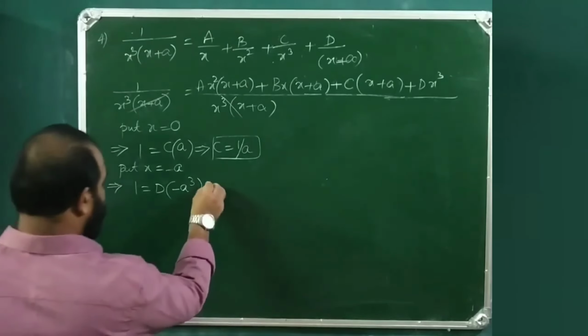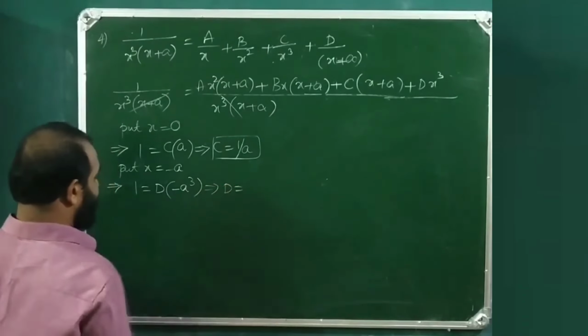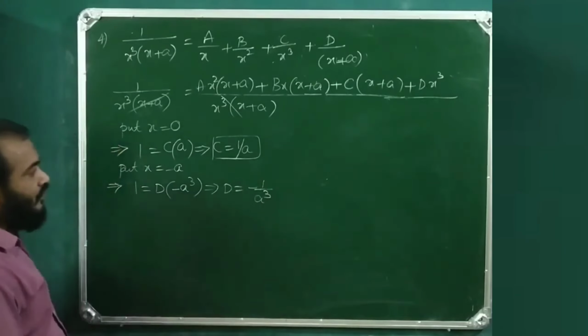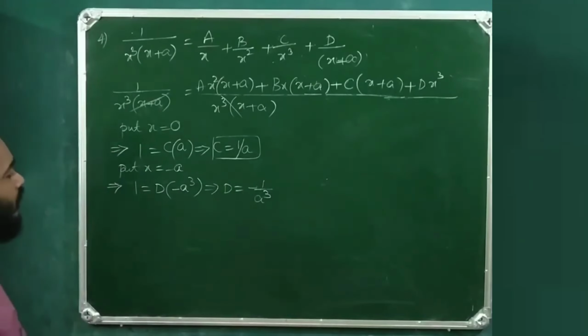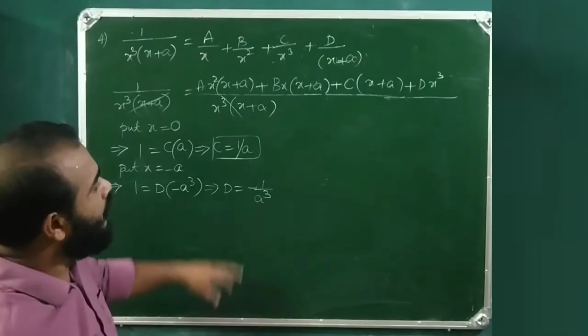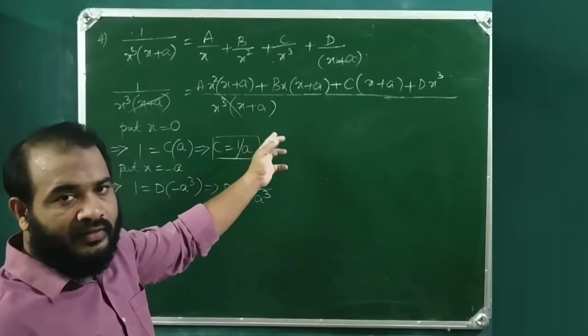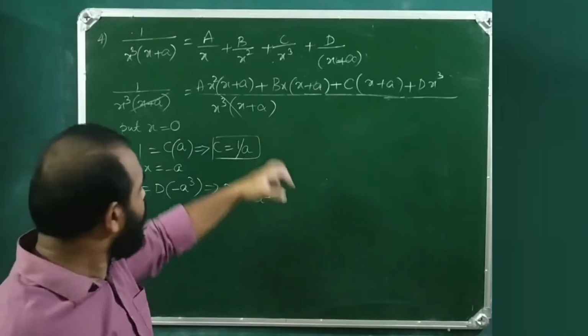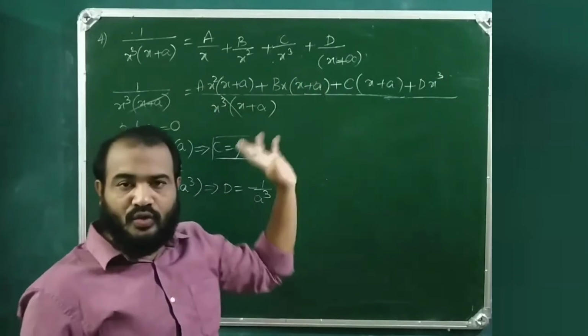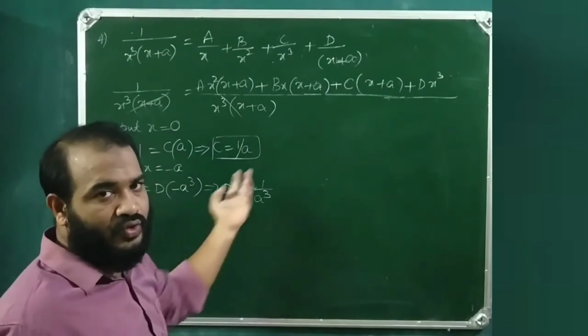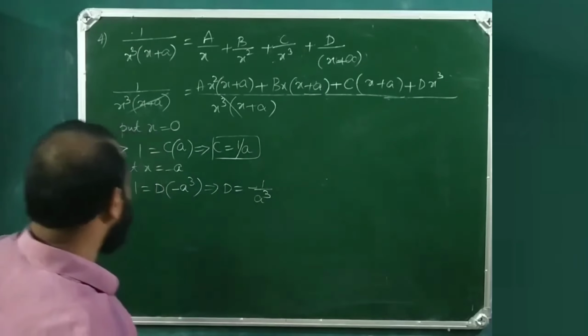Minus a cube. So from this, d is equal to minus 1 by a cube. Now we are not left with the substitution of x, because x and x plus a are the two factors there. Therefore, we have utilized x equals 0 and x equals minus a.